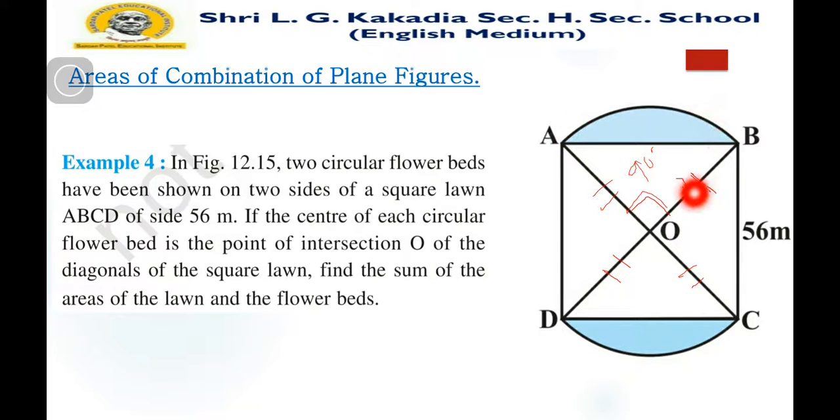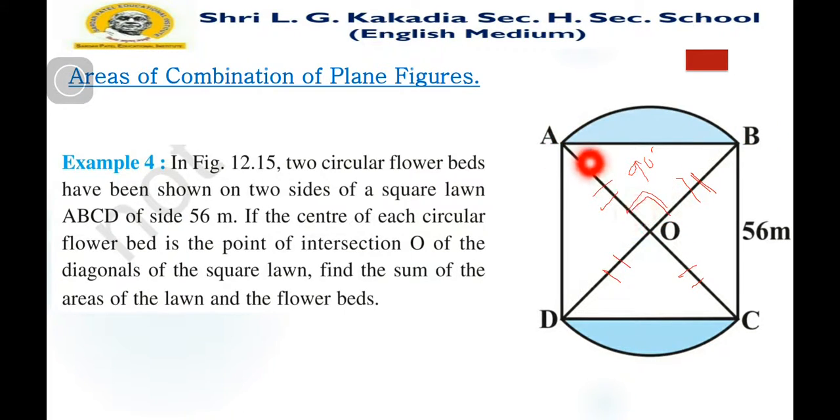It is a sector AOB, and if we put any point P here, then APBO is a sector. To find the area of this circular flower bed, we first find the area of this sector and then subtract the area of the triangle AOB.